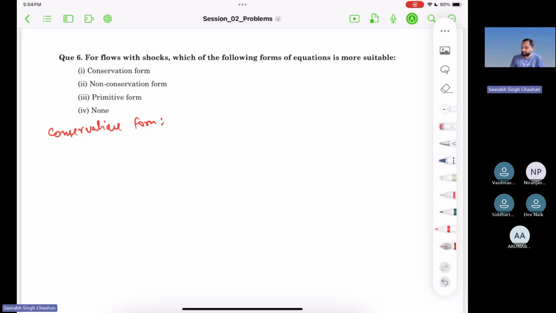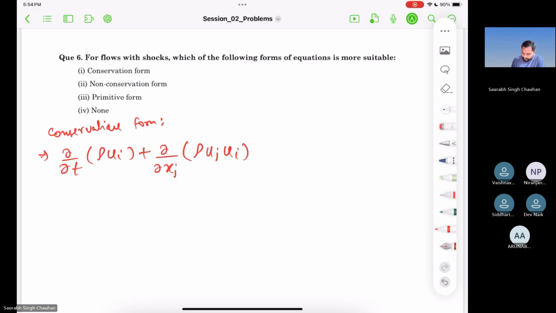The conservative form of the momentum equation is: first there will be the temporal term, so del by del t of rho ui, plus the convective term, del by del xj of rho uj ui.